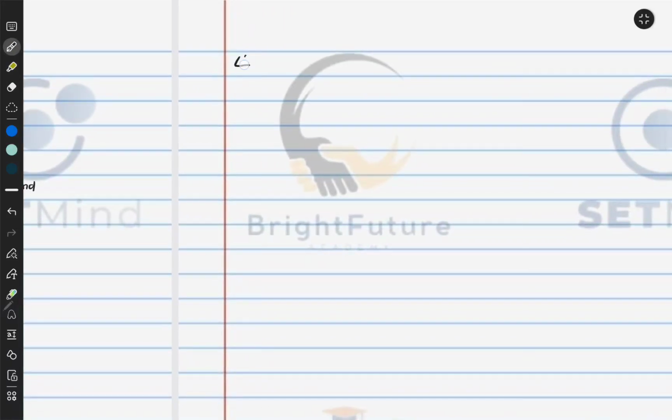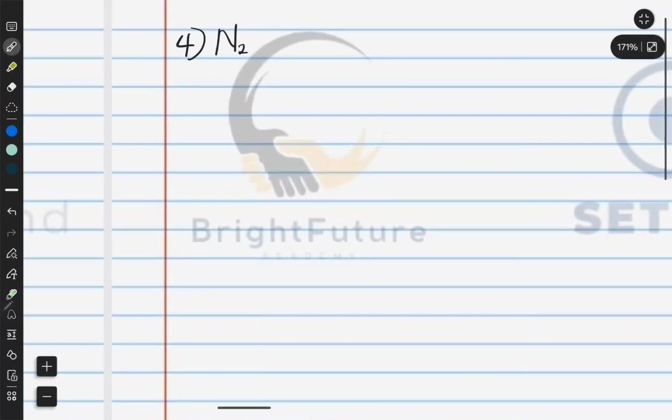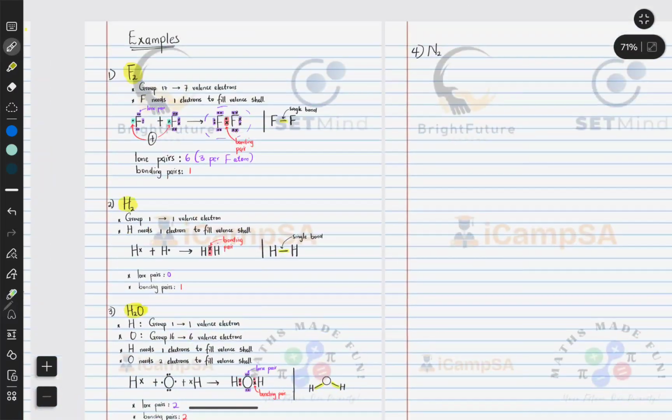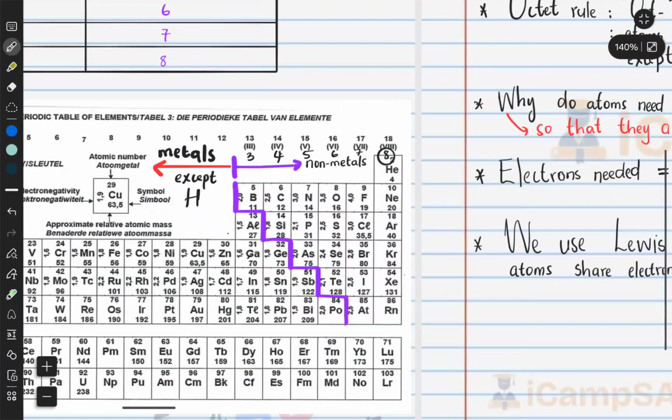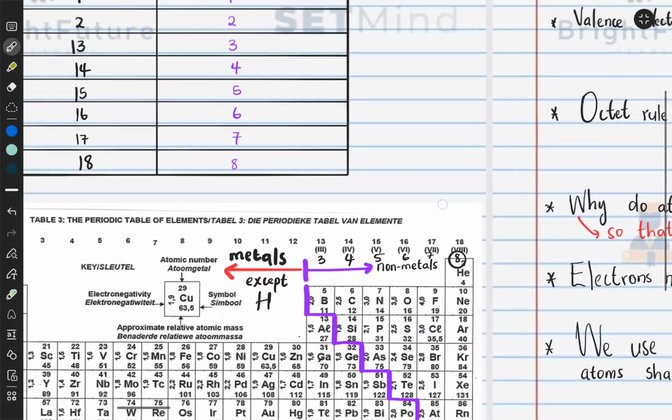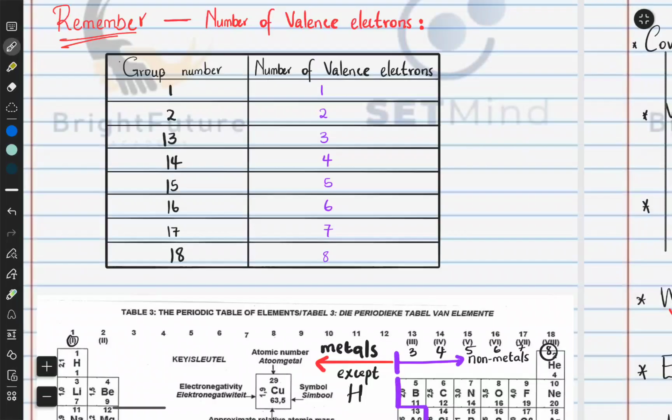Nitrogen, the nitrogen gas molecule. All right, so nitrogen, if we go to our periodic table, it's in group 15. And if it's in group 15, it has a valence of 5. So in its outer shell, there are 5 electrons.